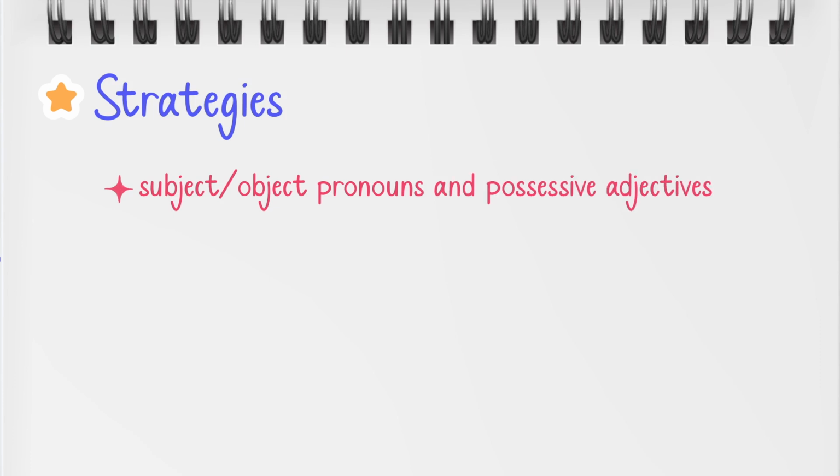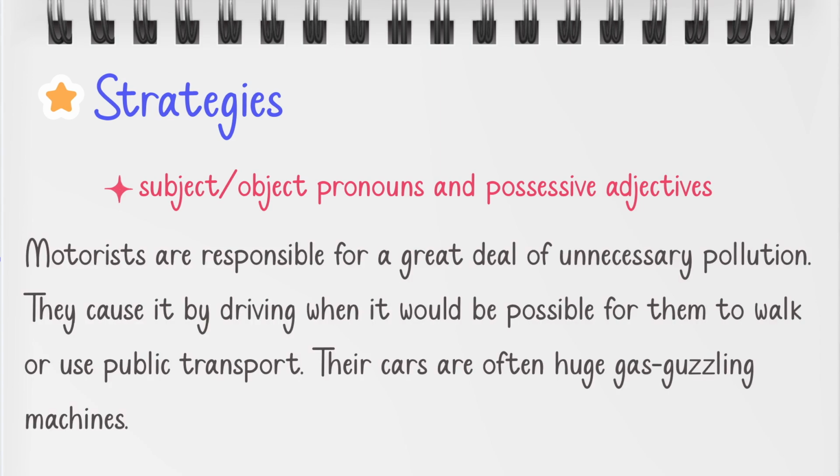The first one is subject, object pronouns, and possessive adjectives. For example, take a look at this sentence. Motorists are responsible for a great deal of unnecessary pollution. They is a pronoun that refers to motorists, all right? So instead of repeating the word motorist itself, I use a pronoun here.